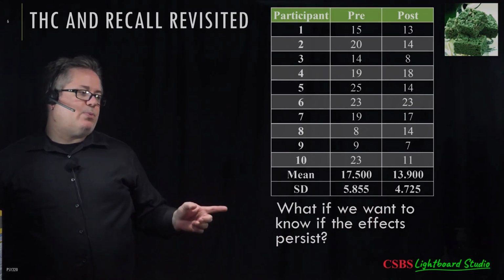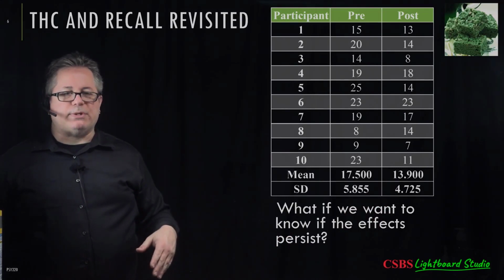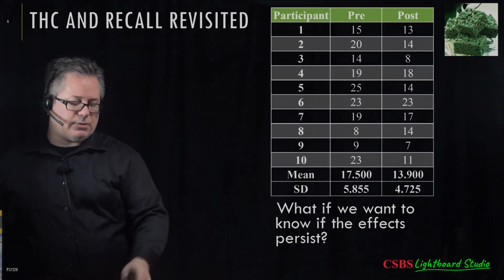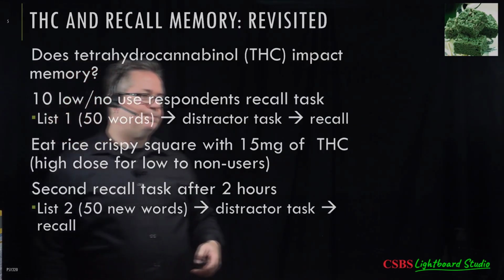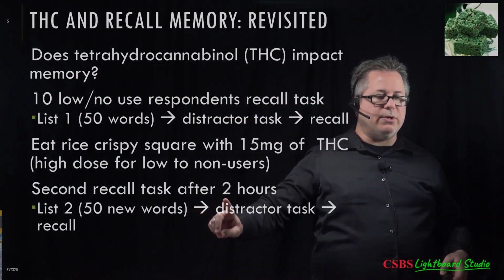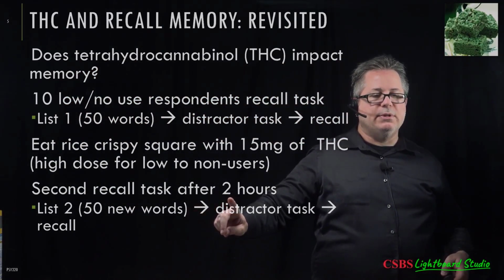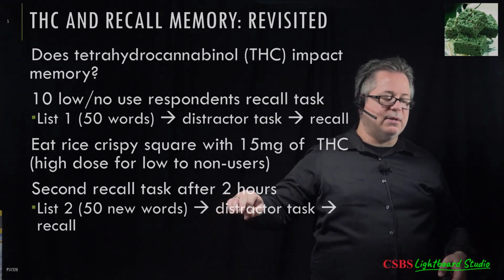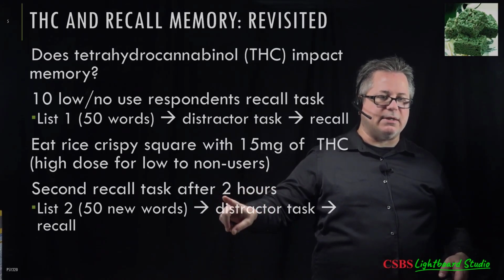So what we want to know now is, what if we want to know if that effect persists? So there is pre and post, and I think, if I remember quickly, let's go back here for a second. Yeah, so there's a 2-hour window in between the pre and the post, and that was to allow them to digest the Rice Krispies somewhat, right? Because it's not like an immediate effect. They actually have to digest it.